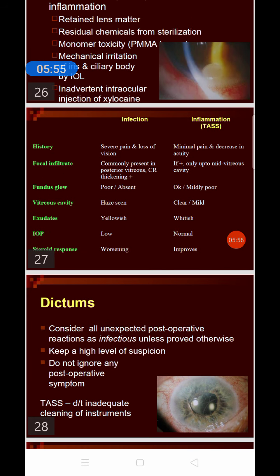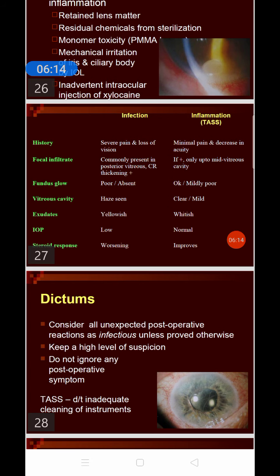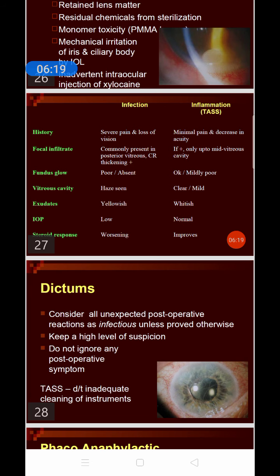So, what is the main difference between infection and inflammation? The inflammation is TASS. What is TASS? Toxic anterior segment syndrome. In infection, they will have severe pain and loss of vision. In case of TASS, they will have minimal pain as well as minimal decrease in visual acuity. And when you see the fundus picture, the glow is usually absent in infection.